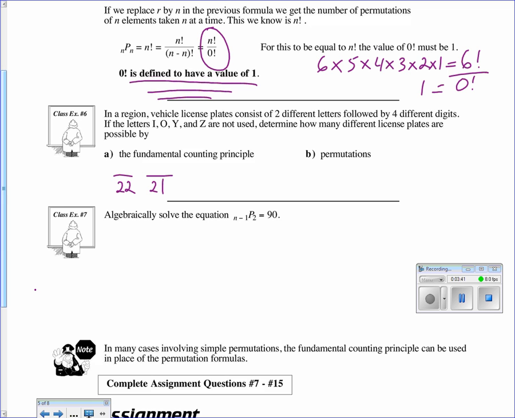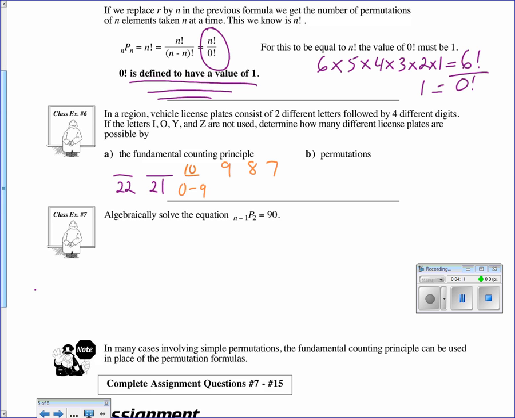And I need 4 different digits. Apparently nothing with 0 is a problem here. So my digits include 0 to 9, which is a choice of 10, 10, 10, and 10. Oh, except I can't have any repetition. 4 different digits. So how does that go? That goes 10, 9, 8, 7.